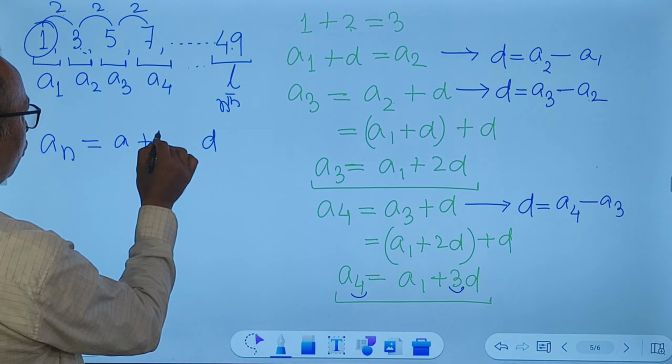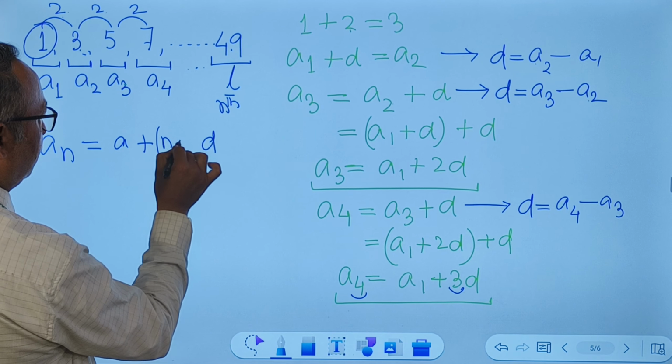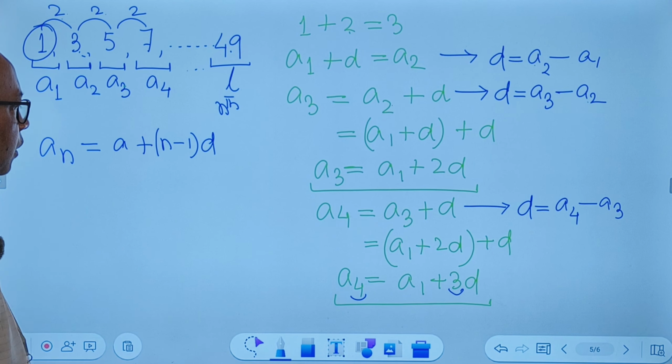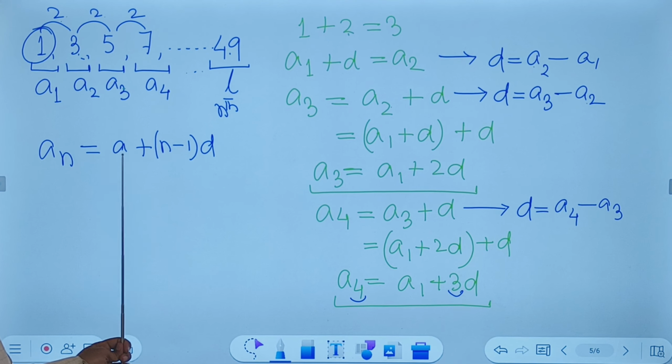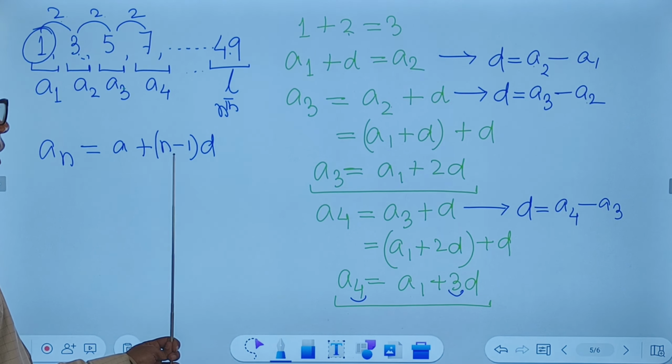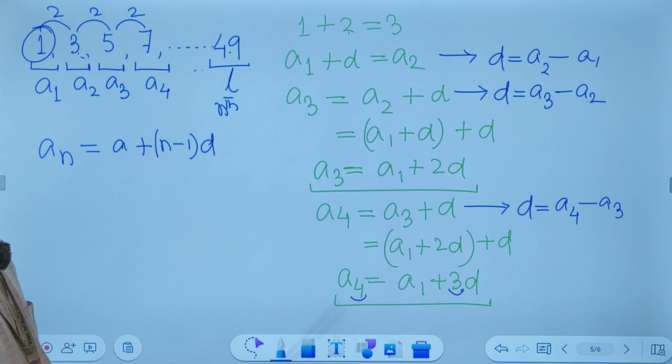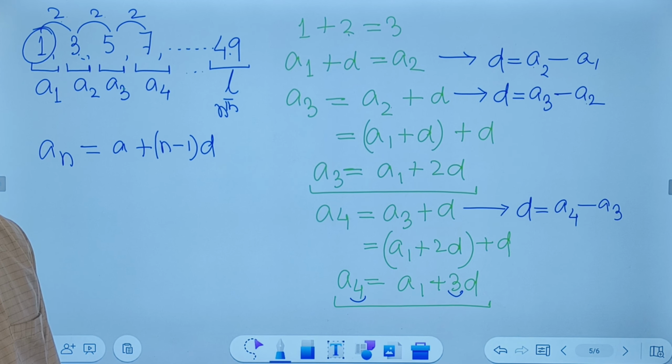Here this is n. So 1 less means n minus 1.